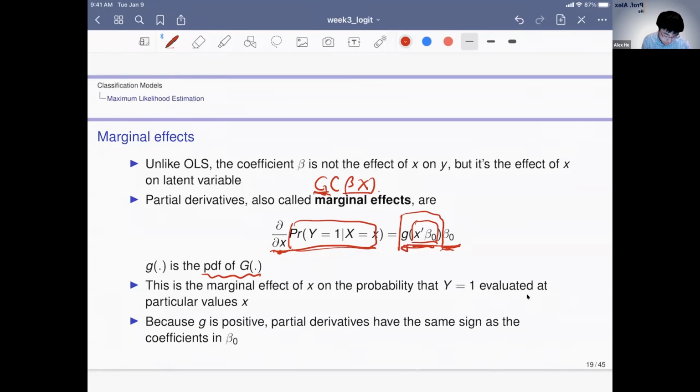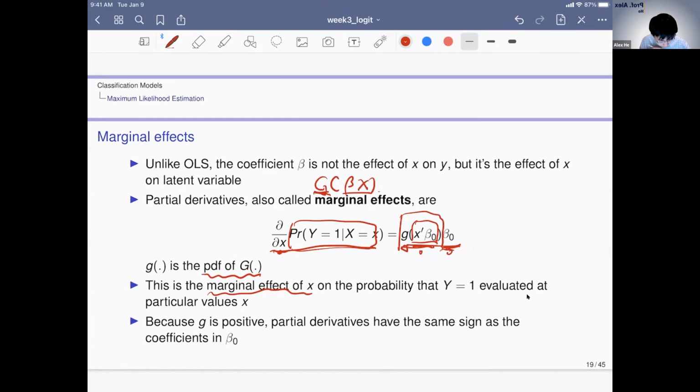And this is the marginal effect of x. If you want to know the answer to the previous question, you need to calculate, first of all, beta, and then at a particular x, the PDF at beta x, and multiply those two numbers. That gives you the change in y in response to 1 unit of change in x.